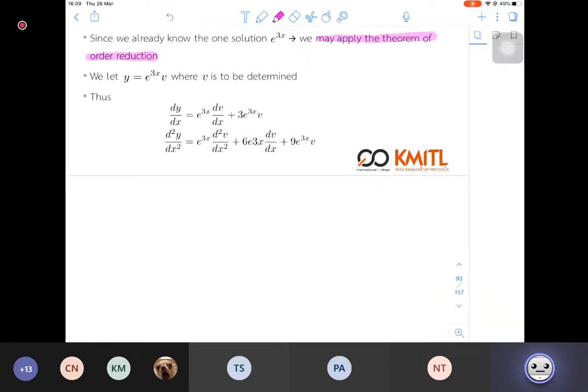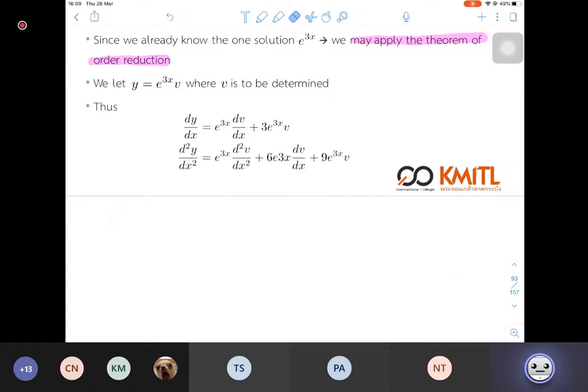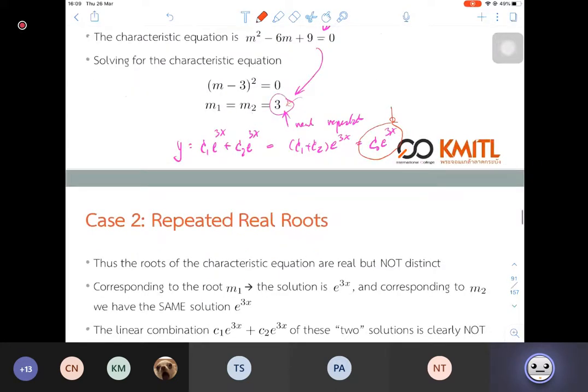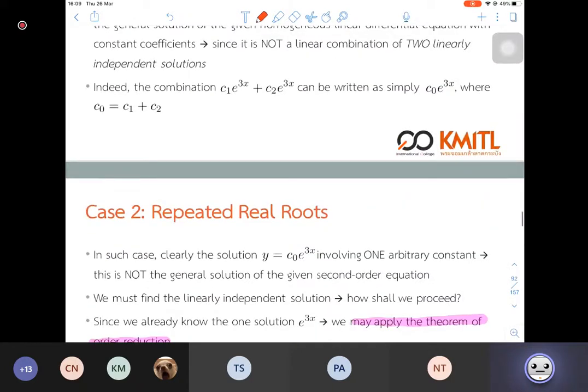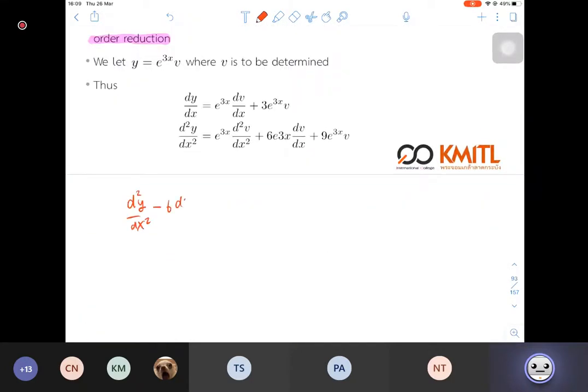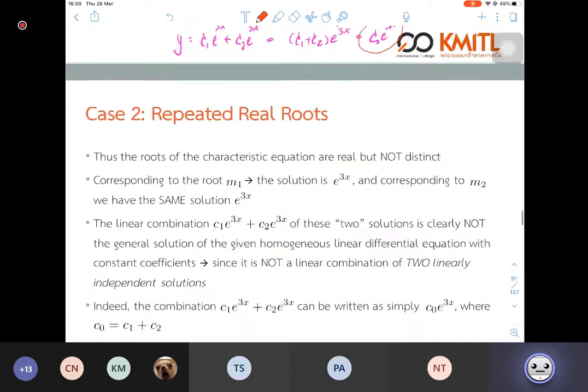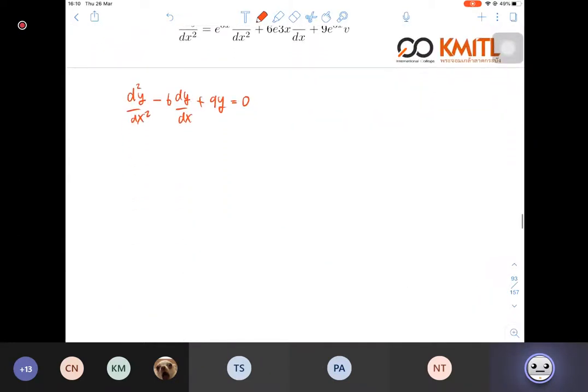So you are given the differential equation, d squared y by dx squared minus 6 dy by dx plus 9y equal to 0. And you are given one of the solutions, y equal to e to the power of 3x.